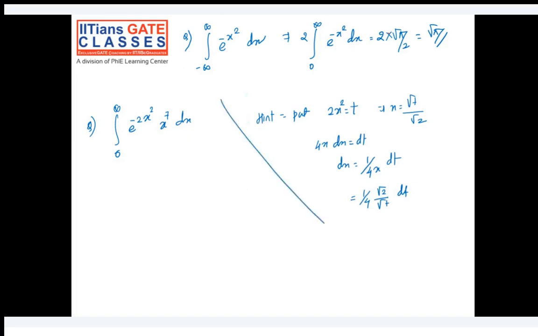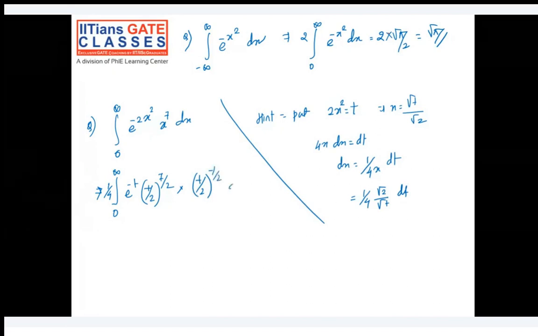Okay, solve it. 0 to infinity e to the power minus t, t by 2 raised to the power, because x is equal to root of t by 2, so x raised to power 7 is equal to t by 2 raised to power 7 by 2, and dx is equal to 1 by 4, which I can take outside the bracket. 2 by t raised to the power 1 by 2, or t by 2 raised to the power minus 1 by 2, I can write.